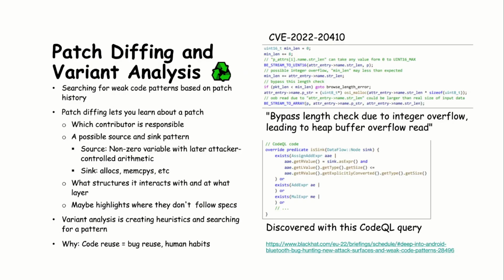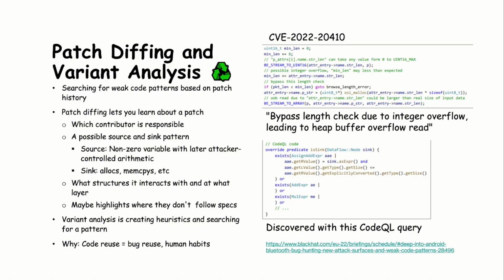Cool. Patch diffing and variant analysis. This sounds like something you wouldn't find all that common in real life, but you'd be surprised. Even when you're not doing patch diffing and you just discover a new vulnerability, that code pattern can reemerge everywhere.